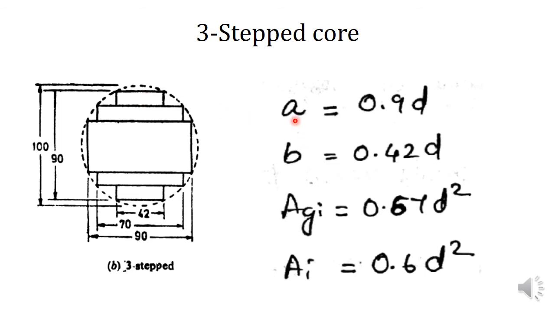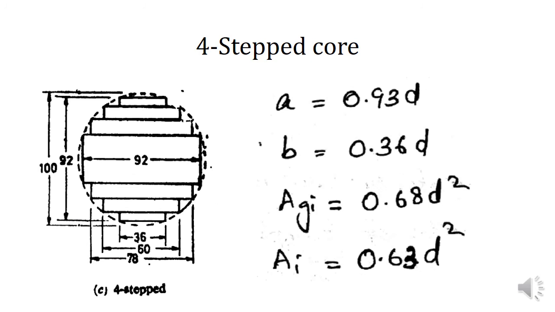So small letter a, that is the width of largest stamping, is equal to 0.9 d, and AGI is equal to 0.67 d square, and Ai is equal to 0.6 d square. These are the relations to be remembered for the calculation of dimensions.